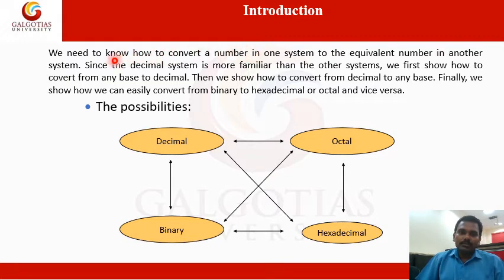What are the reasons to convert numbers from one system to another? Since the decimal system is more familiar than other systems, we convert the decimal number system to another number system, because number system conversion is important as it is used in computers, like the binary number system.